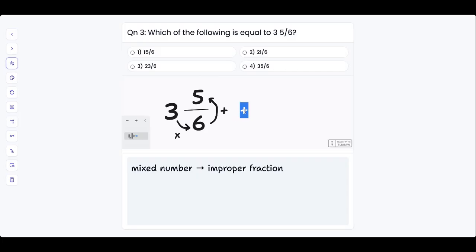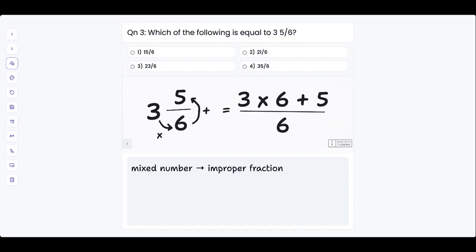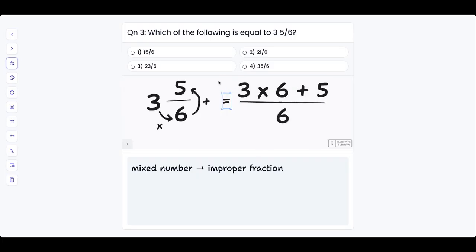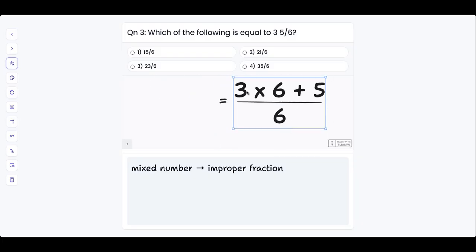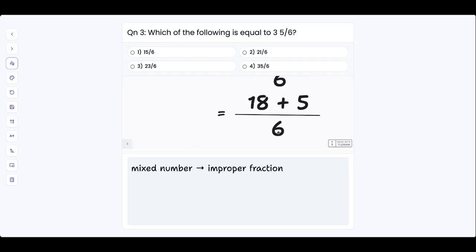This is equal to 3 times 6 plus 5 over 6. So what will be the final answer for the top of this fraction? 3 times 6 will be equal to 18, and 18 plus 5 will be equal to 23.